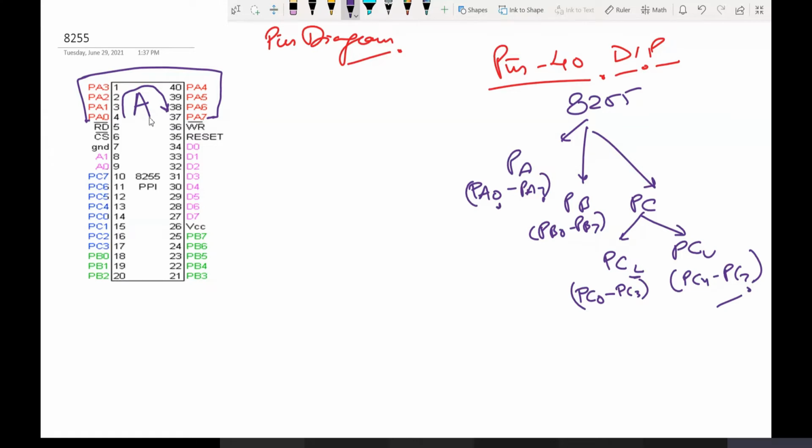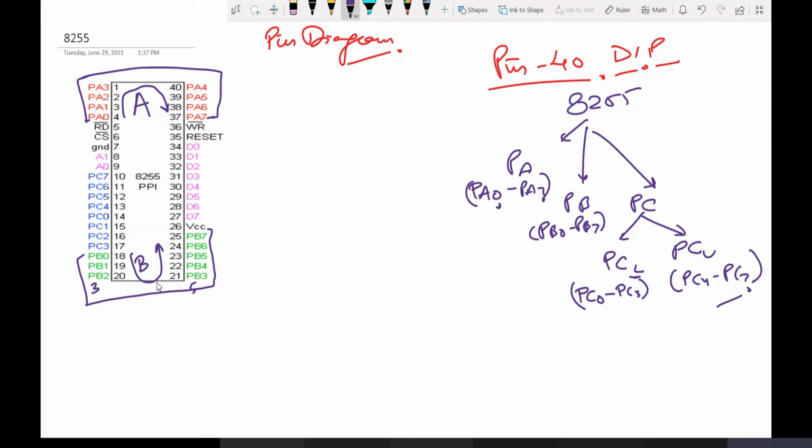Is that clear? Now come to the bottom again, the green one. That section is your port B. There is just one difference. At the left side it will be having only 3 pins, 0, 1, 2, and it will go anti-clockwise, 0, 1, 2, 3, 4, 5, 6, 7. 3 this side, 5 pins this side.